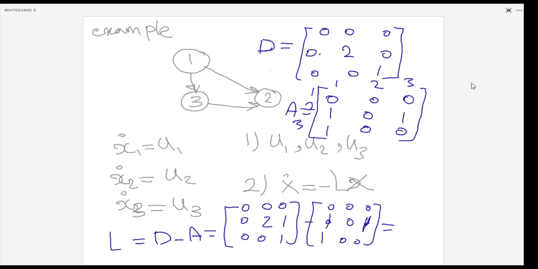That's equal to, let me write here, L equal to 0, 0, 0, minus 1, 2, minus 1, minus 1, 0, 1. The row summation is 0, 0, and 0. Okay, this is the L.